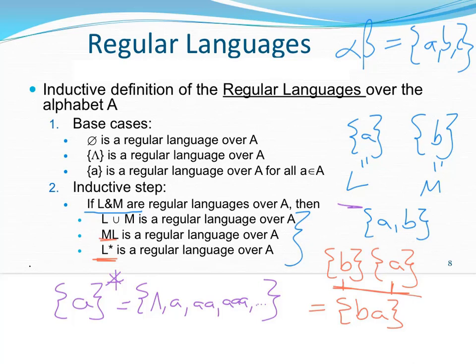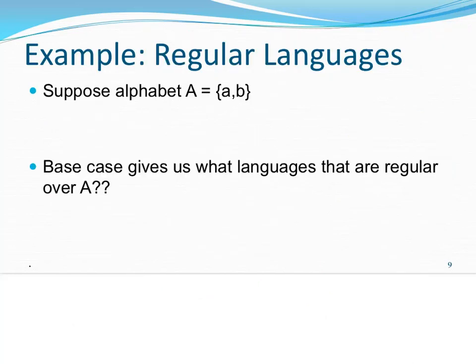Now, it probably would help you when you're continuing watching this lecture to just have the book open to this page in chapter 11, just so you can see this for a little while. So, just to review, let's suppose my alphabet is just the set containing 2 symbols A and B. If you look at the base case, those 3 rules, what languages do we know that are regular over A?